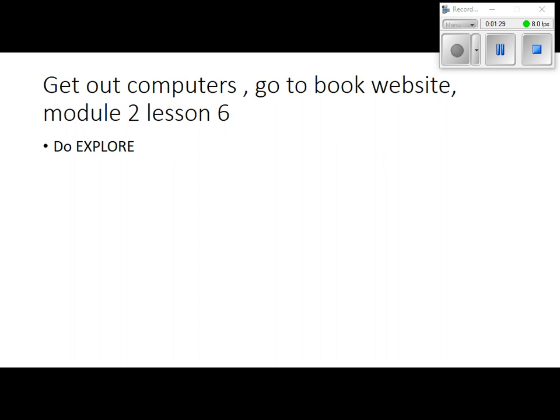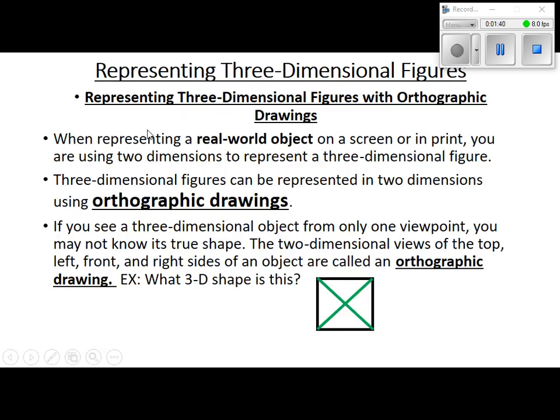This would be something better for an art teacher maybe, because what we're going to be dealing with is a certain kind of drawing, and what it is, it's representing three-dimensional figures. I can represent a three-dimensional figure doing what we did last time, which was drawing nets.